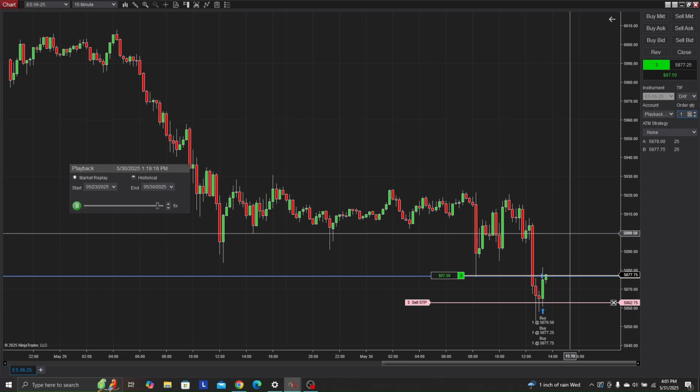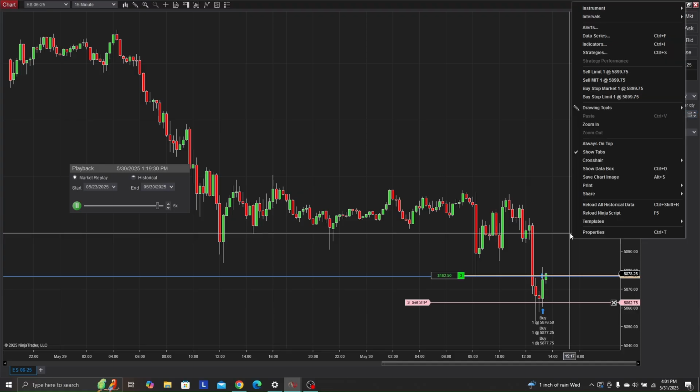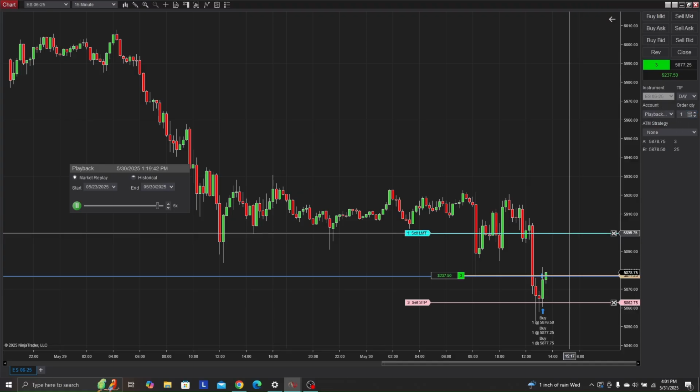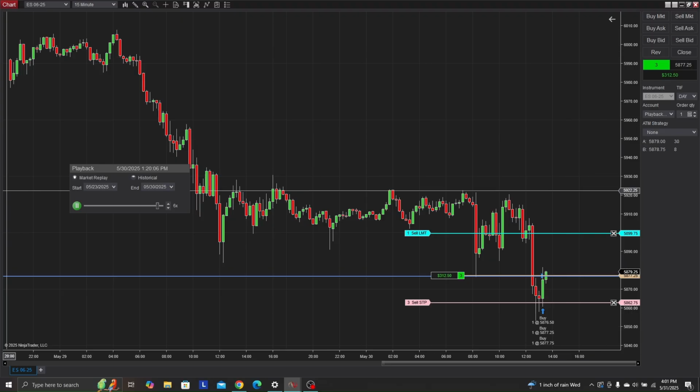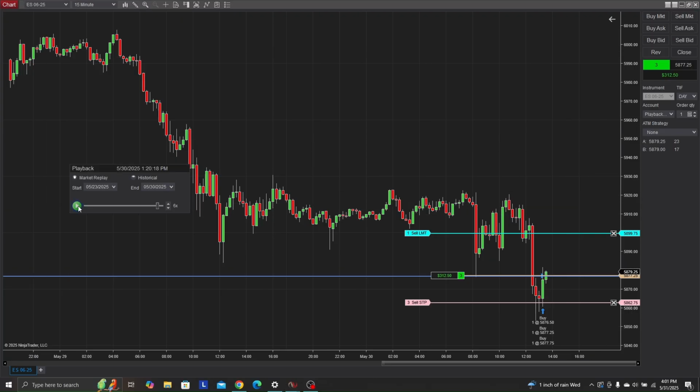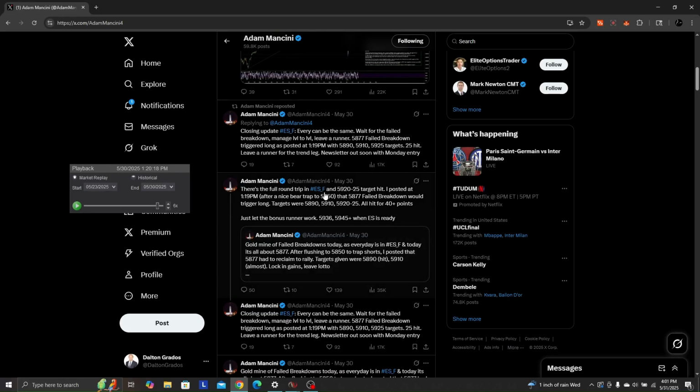That would be first target. All right. And let's actually see what his actual targets were. I'm going to pause this real quick. From what I gathered, it's basically these resistance levels up here. So you'll see that when I pull up his page here.